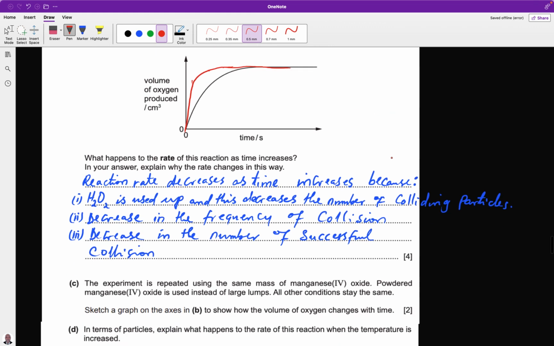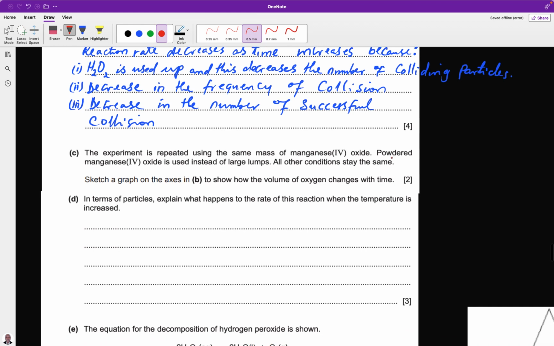Okay, let's proceed to the D part. In terms of particles, explain what happens to the rate of this reaction when the temperature is increased.